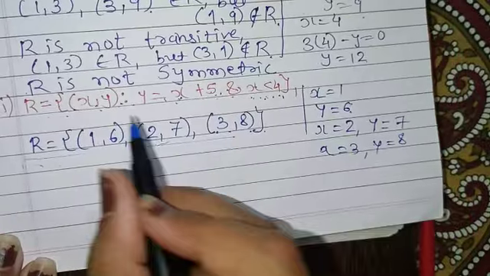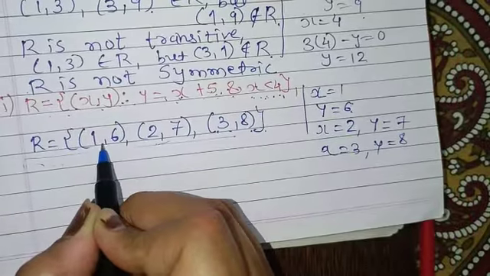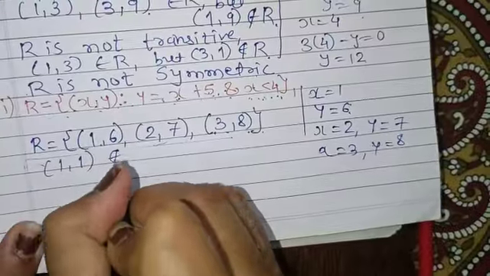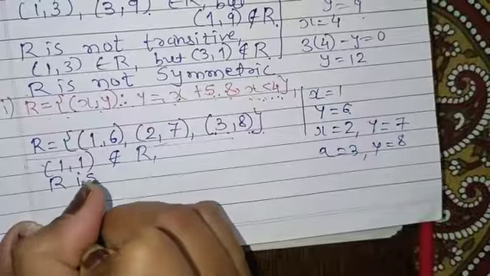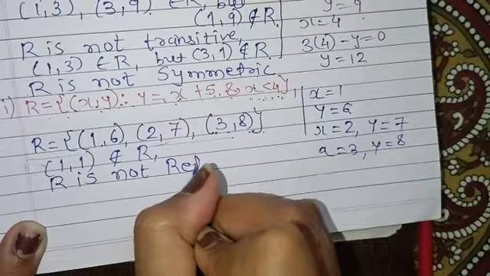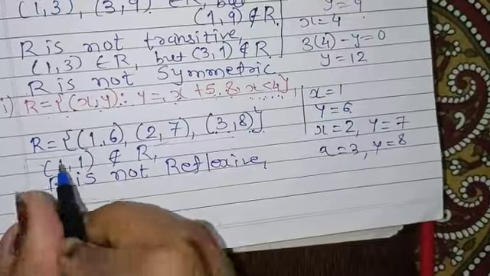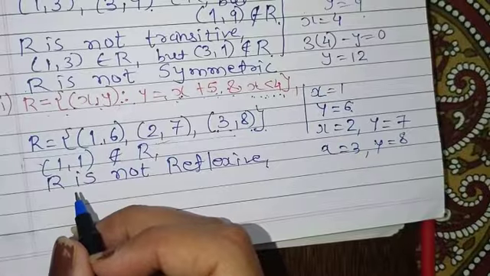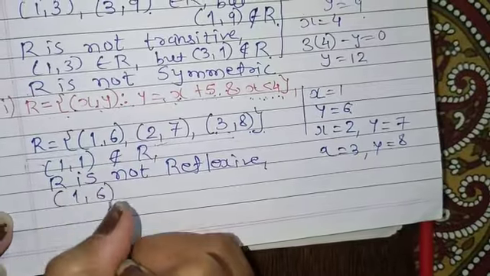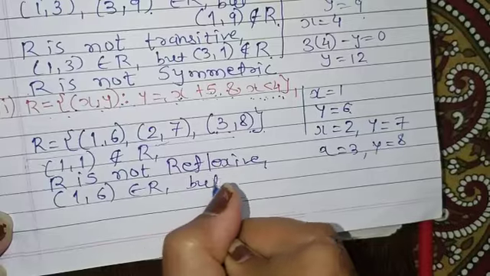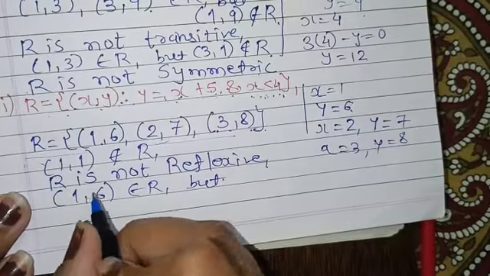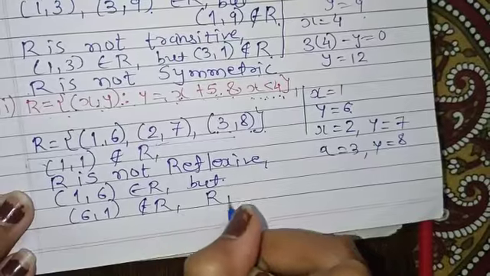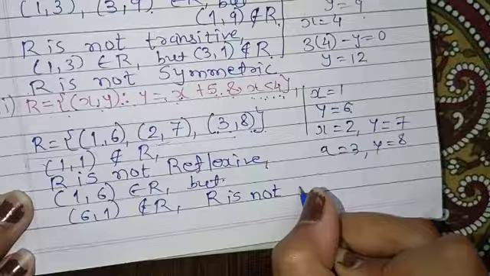Now we will check, first, for reflexive. (1, 1) does not belong to R, that's why R is not reflexive. Second, for symmetric: (1, 6) belongs to R, but (6, 1) does not belong to R, that's why R is not symmetric.